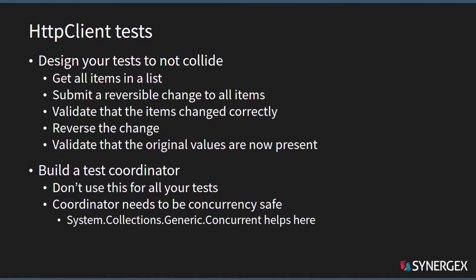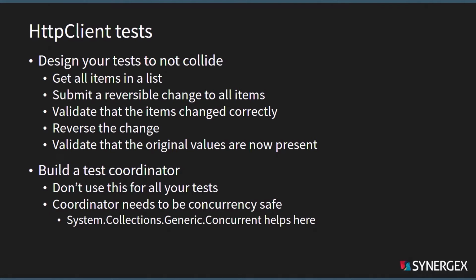It's like a dictionary usually, where you can add and remove things without stepping on yourself and without having to lock yourself out of the entire collection. So you can put whatever information you need into one of these concurrency safe collections and then act on that appropriately throughout all of your request agents, through the tasks that you're running. But the coordinator does have to be concurrency safe.